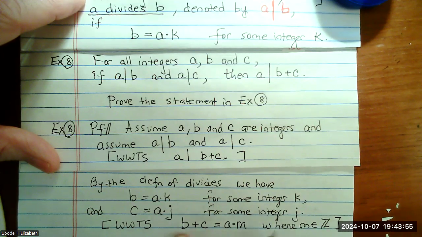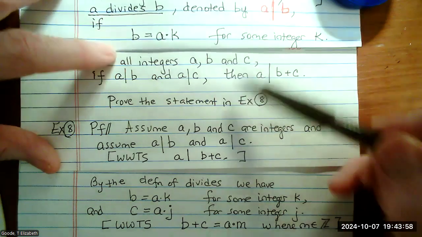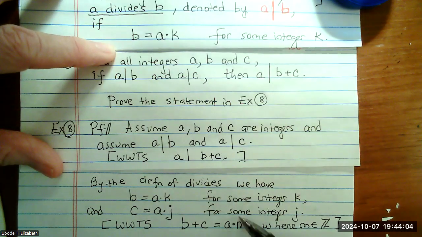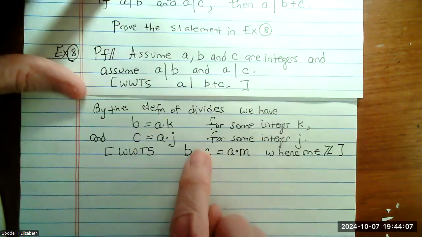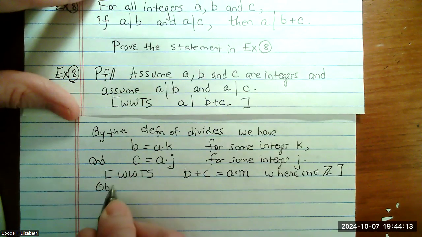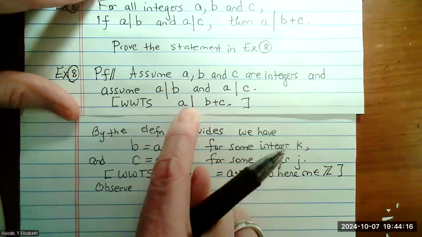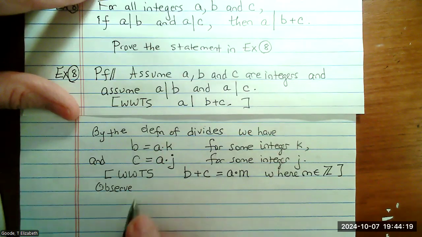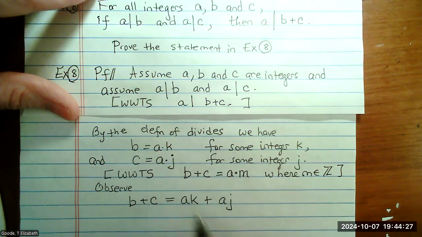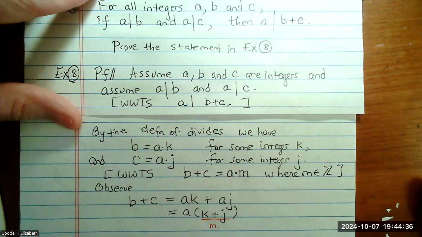By unpacking that definition, which is a tricky little definition, we realize it's B plus C that we actually need to look at, not A. This looks like we want to look at A, but this shows us we really need to look at B plus C. Well, sure we do, because we know B is equal to A times K, plus C, which is equal to A times J. And now we can factor out the A, and this expression K plus J is going to be our M.